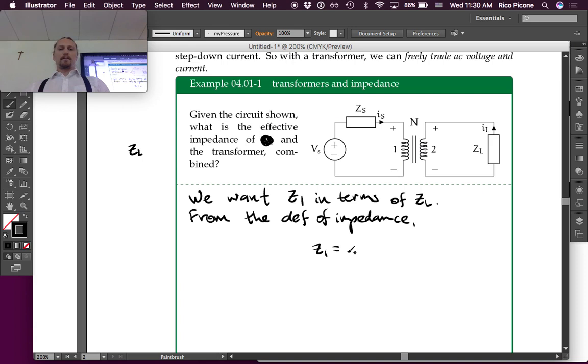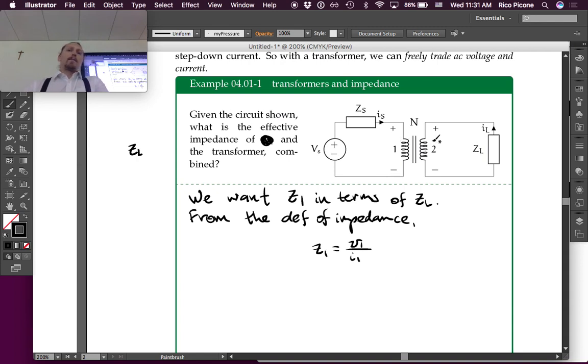V1 divided by I1. Yeah, so it's just V over I, right? V1 over I1. So we know that, and we're trying to get over here and describe it in terms of ZL, right? We can use the elemental equations of the transformer to convert V1 and I1 over to V2 and I2.